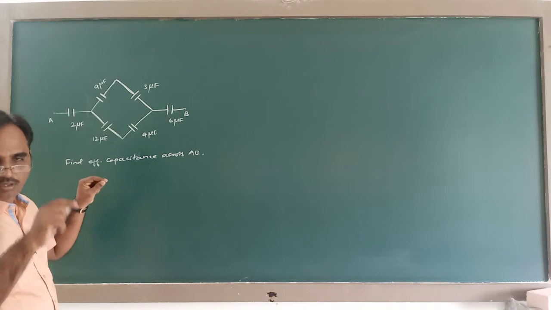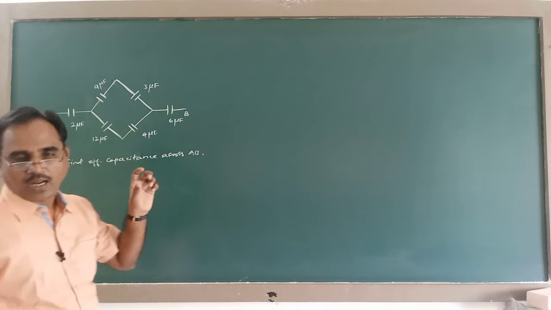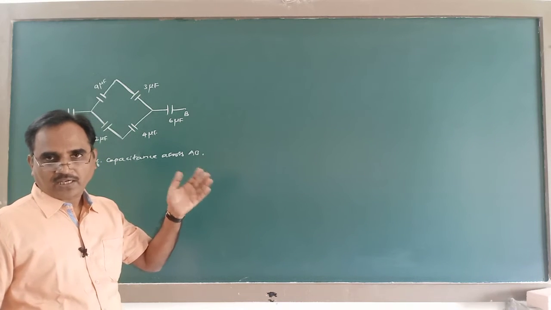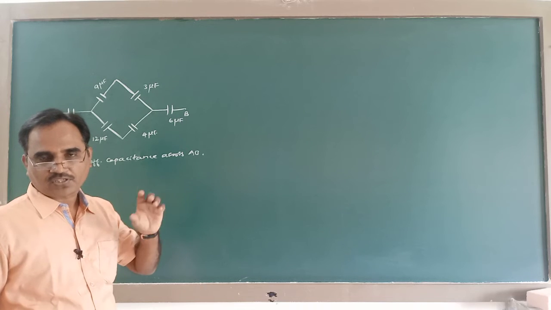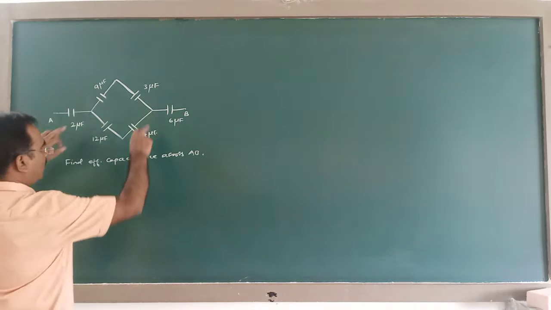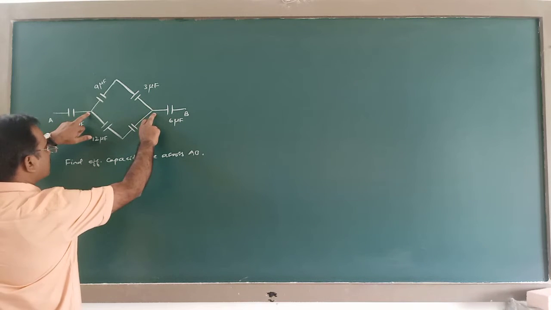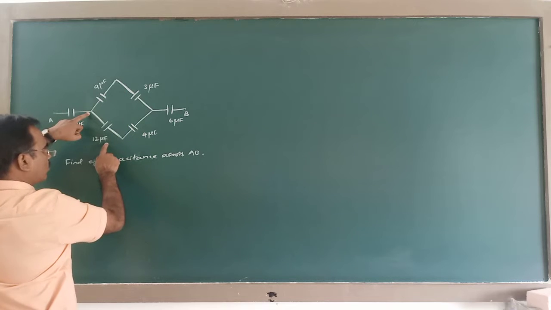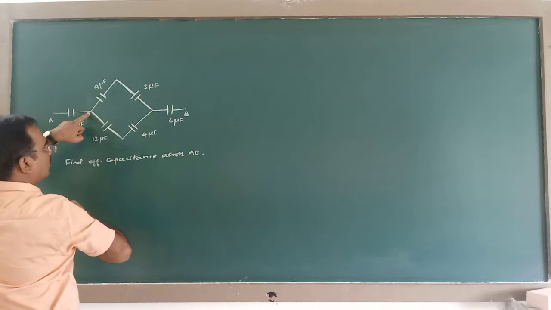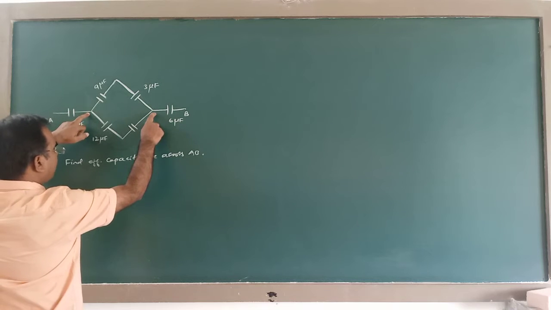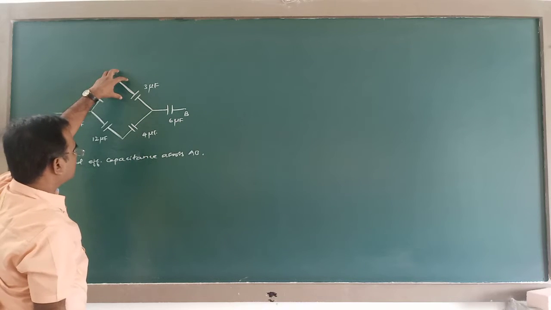Between any two junctions, first you check whether any number of capacitors are in series. Here, between these two junctions, these two capacitors are in series. These two are also in series. So between the junctions you identify series capacitors and find the effective capacitance.